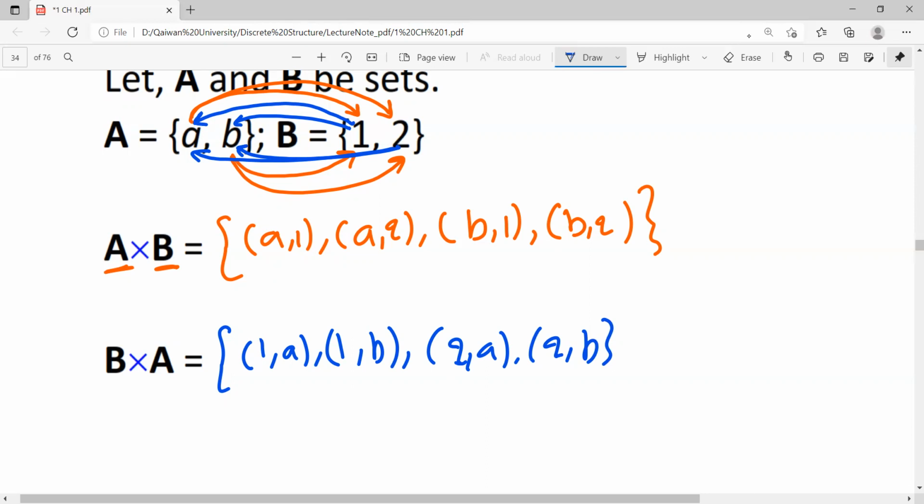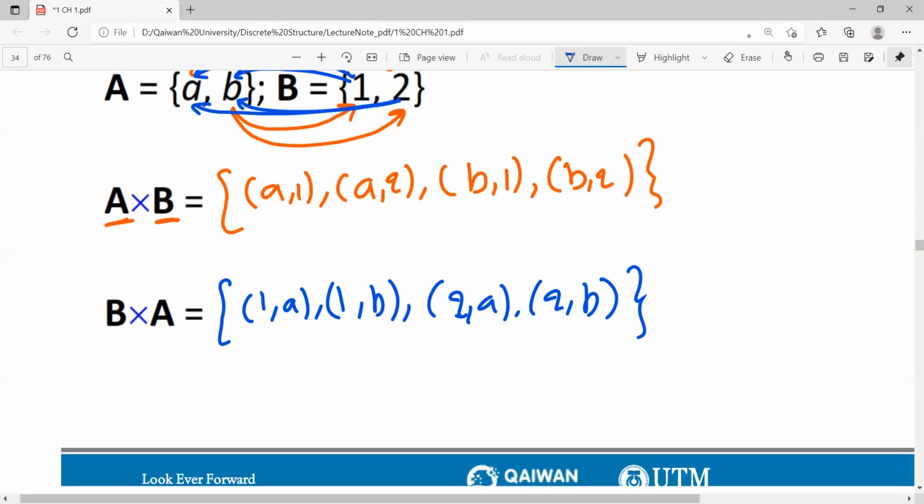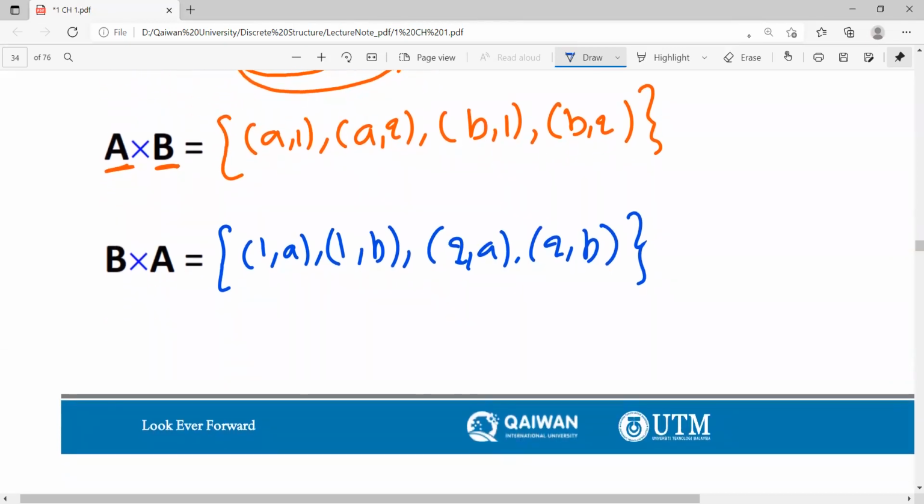This is the Cartesian product of B and A. As you see, the elements of A times B are different from the elements of B times A. These two are not equal.